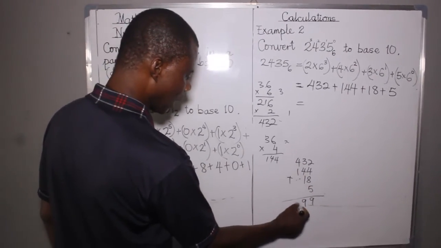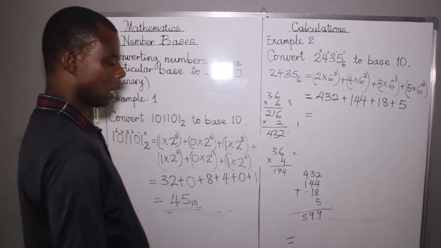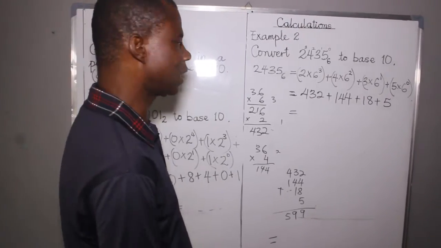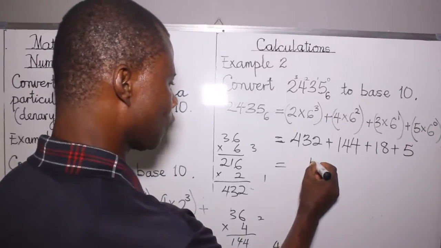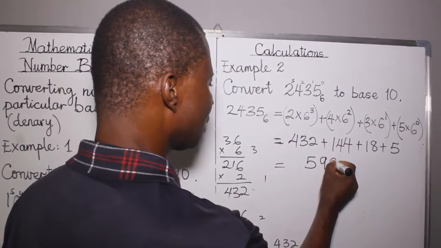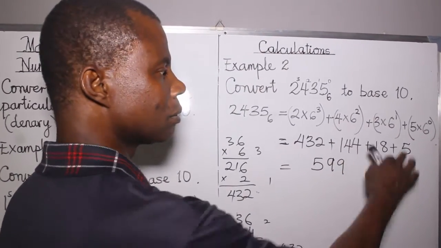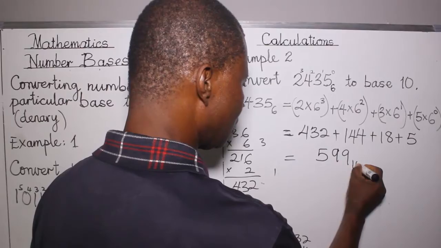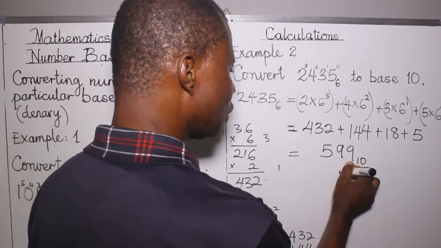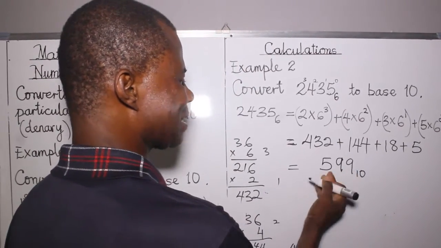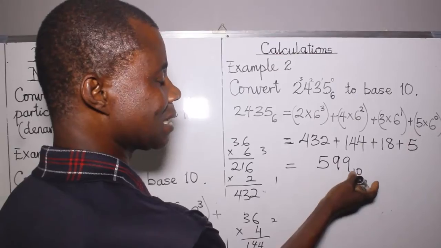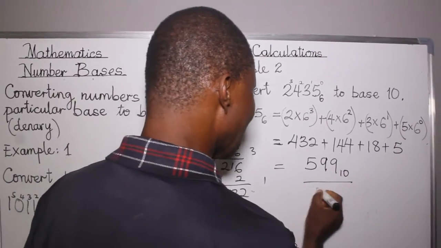As you can see on the board, the total is 599. So 599. To which base now? Base 10. And remember, this 10 shouldn't be as bold as the main figure, because it is the base. And this is our final answer.